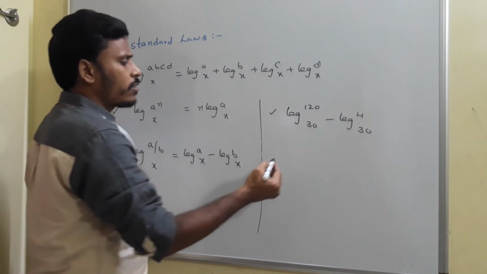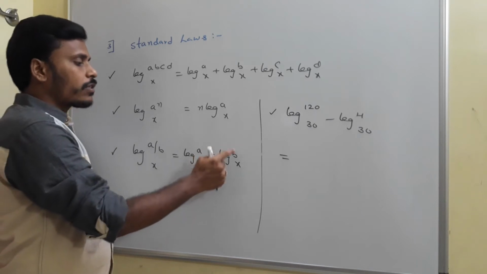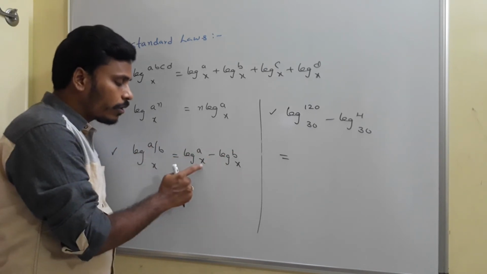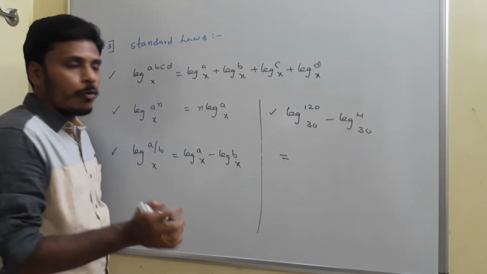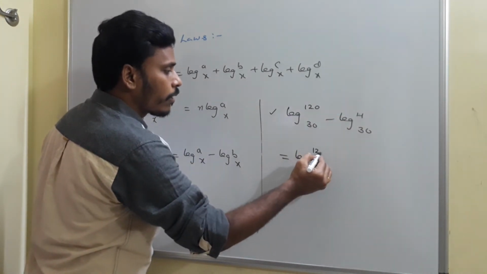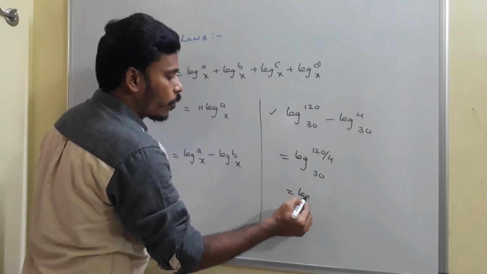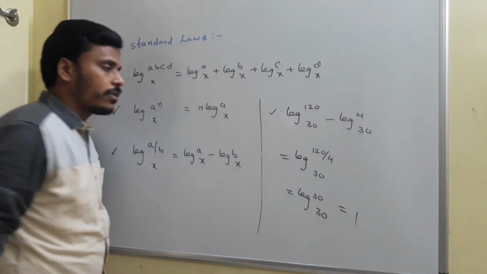Directly we have no chance, so use this law of logarithm. Log a base x minus log b base x can be written as log a by b base x. The base should be the same here, same 30, no problem. Then this is equal to logarithm of this division, 120 divided by 4 base 30. Logarithm of 120 divided by 4 is again 30. Logarithm of 30 base 30, and that is equal to 1.